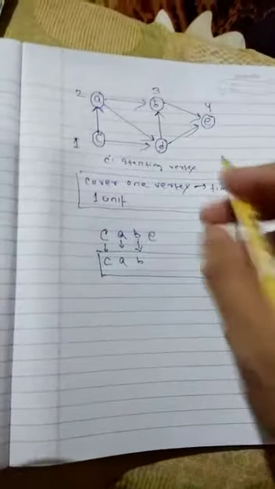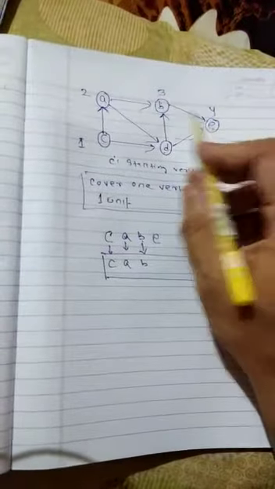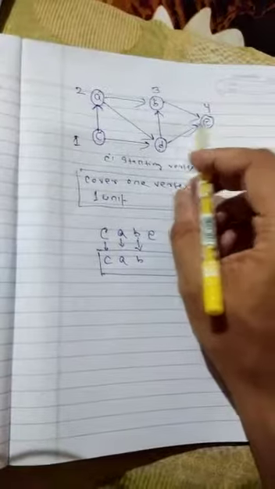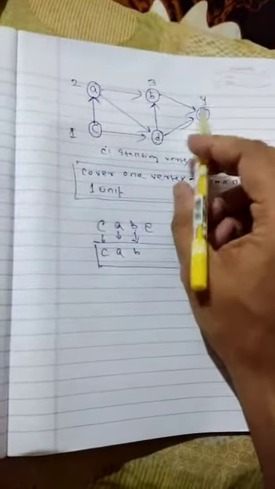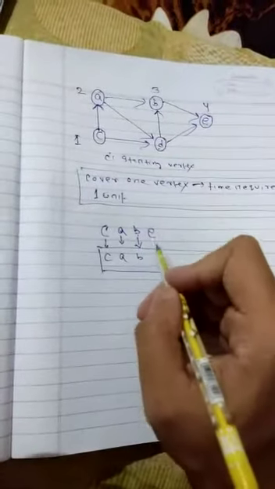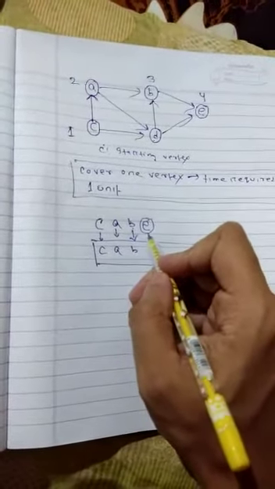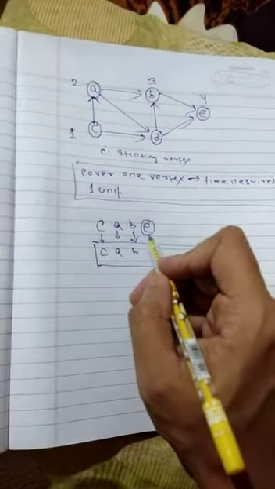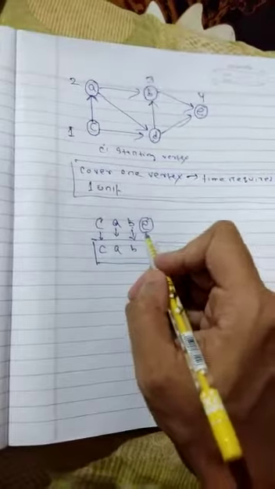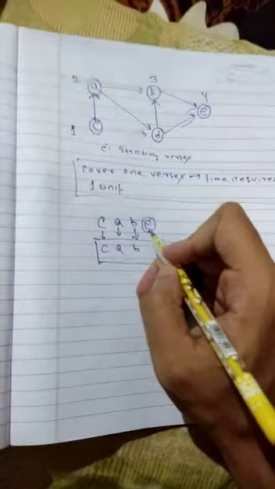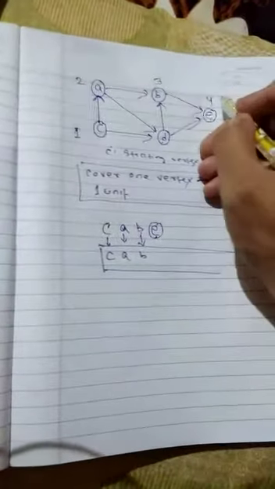Next, from E, this is a directed graph, so no vertex will be explored by using this E. We cannot find any new vertex using this E, and the E traversal is finished. That means the finishing time of E, I am writing 5.